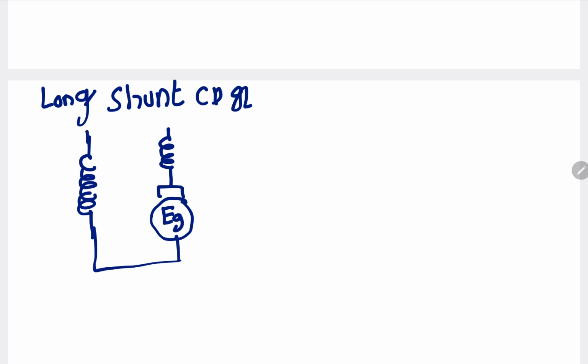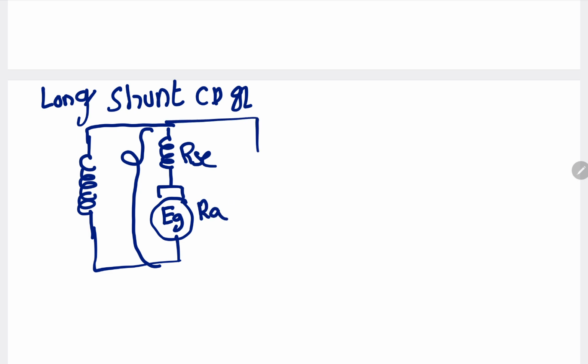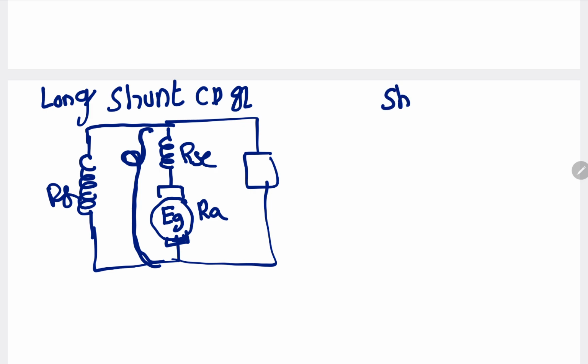The shunt field winding is in parallel with the series connection of the series field winding and armature winding, and this is nothing but the load. This is the long shunt compound generator. In the long shunt compound generator, the shunt field winding is in parallel with the long branch of the series field winding and armature winding in series connection.